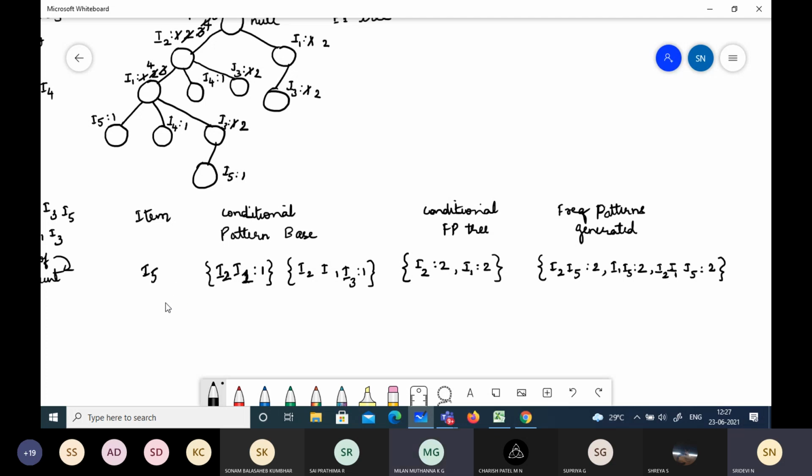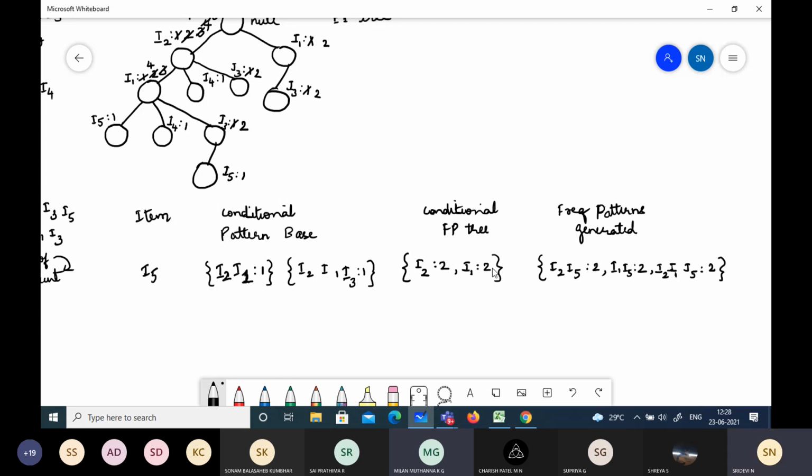Ma'am, for I2, I1, I5, how is the count 2? Because for the second pattern we generated, it goes through I3. But as its support count is 1, we are not considering this. So even if it's not there, we should consider the count as 2 for the frequent pattern generated.